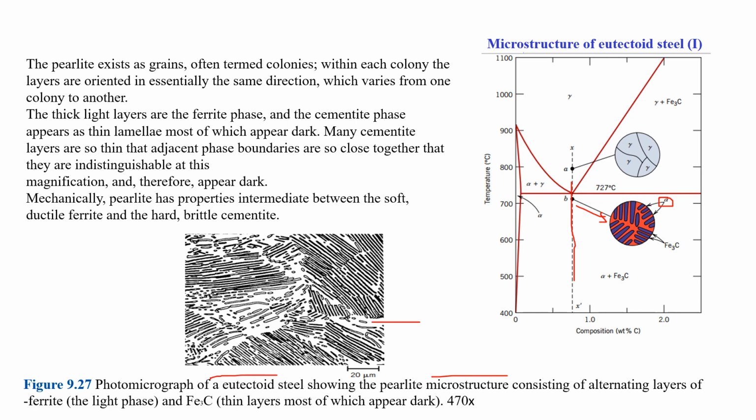The thick light layers are the ferrite phase, and the cementite phase appears as a thin lamellar structure. The many cementite layers are so thin that the adjacent phase boundaries are so close together that they are indistinguishable at this magnification, and therefore it appears dark.